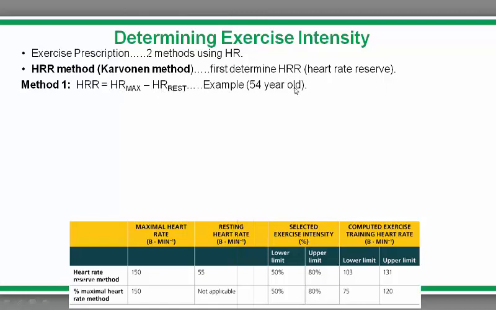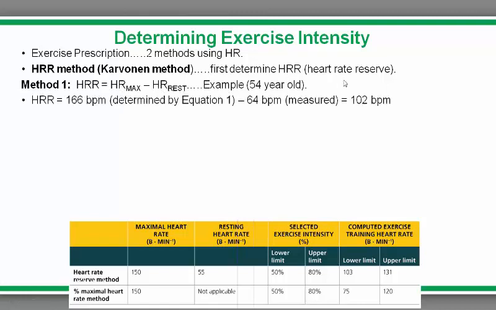And so we take, once again, our 54-year-old, and to estimate their heart rate reserve, we'll go with the equation 1 method from slide number 10, and we estimated this person's maximum heart rate at 166 beats per minute.